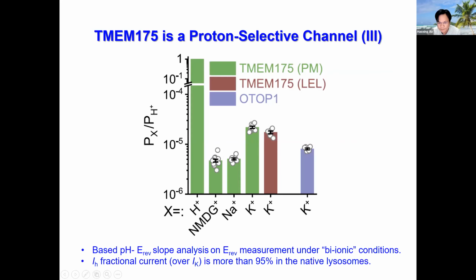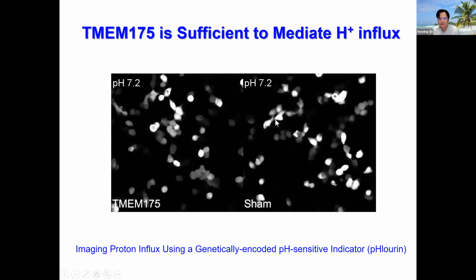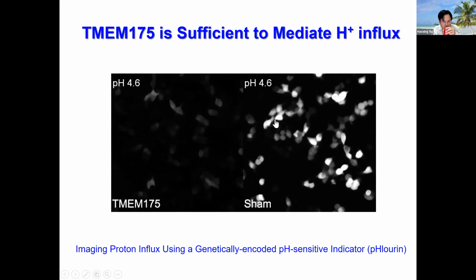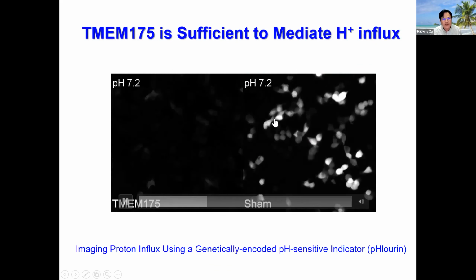So we also use pH imaging to confirm that the channel is indeed proton permeable. Here we use pHrodo as the pH indicator.